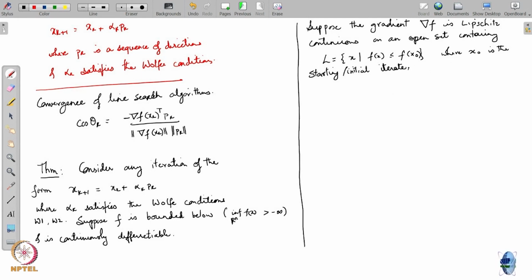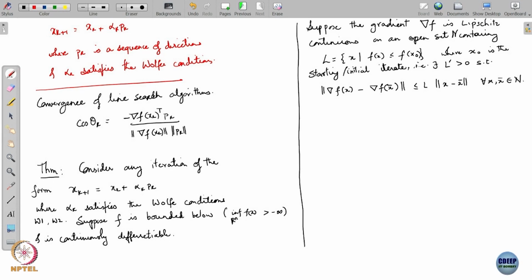That is, there exists an L greater than 0 such that the norm of the gradient of f at x minus the gradient of f at x bar is less than or equal to L times the norm of x minus x bar, for all x, x bar in this open set N.